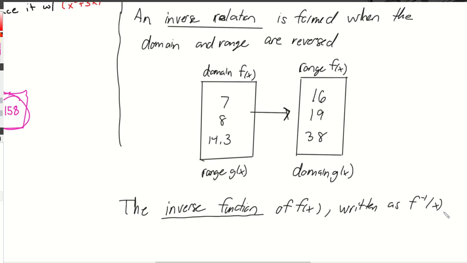I'm not even going to say it because I think you all know how to say this. Anyone have any clues of how to say this? Think back to geometry and inverses. Sunny, you have an idea? No? Amy, do you have an idea?